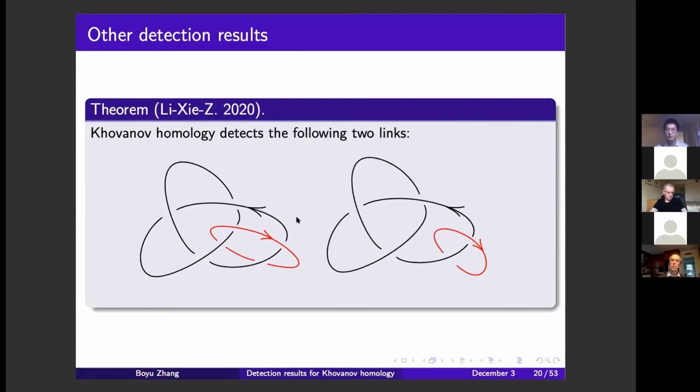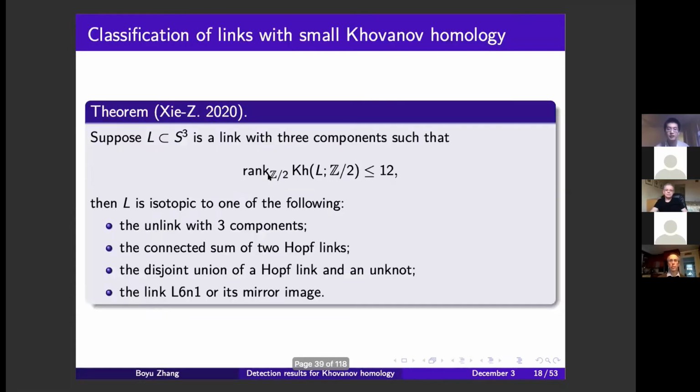But it would be nice to have a classification theorem for all the 2-component links of rank 12 as well. In this classification, we only obtain classification for links with 3 components. And it would be a sort of structural theorem you could hope for.